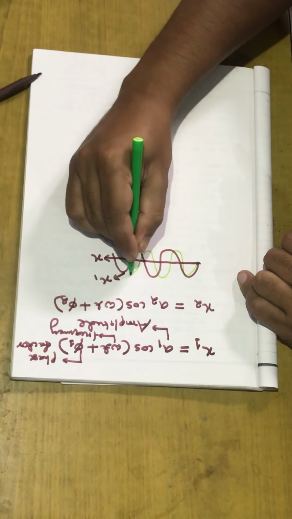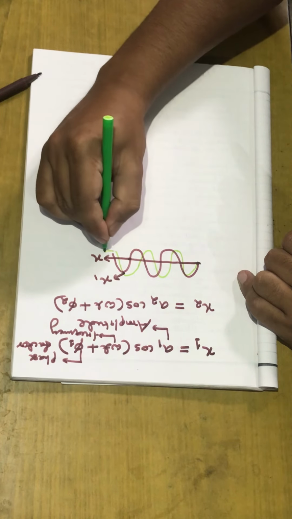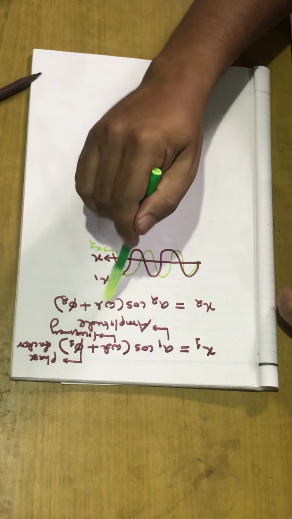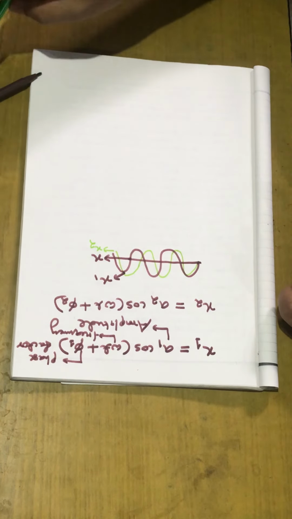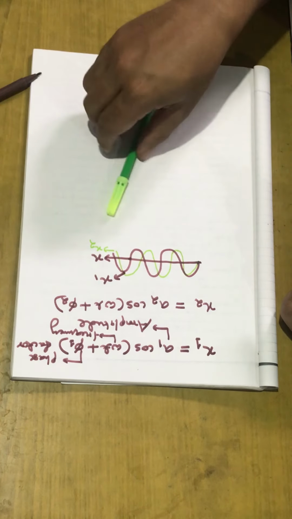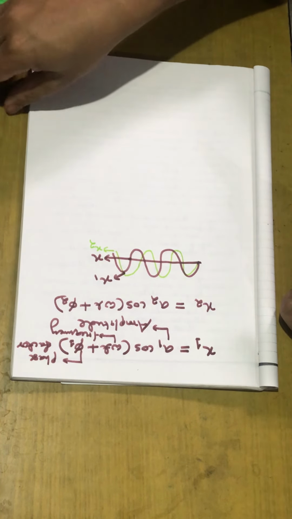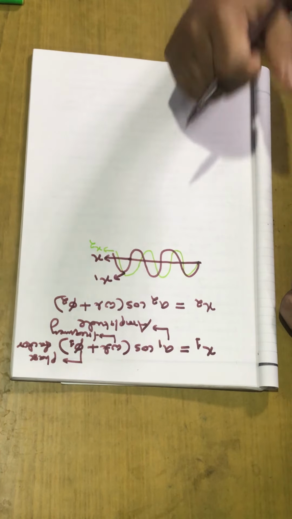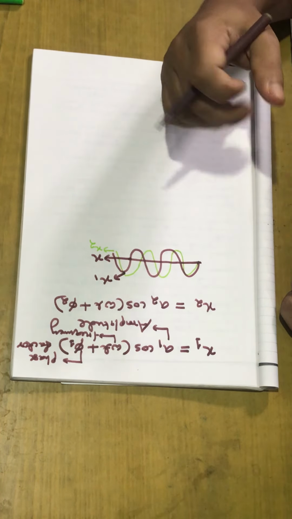Their frequency is the same because omega is the same in both cases, and we are going to find out, if these two simple harmonic oscillations superimpose, what the resultant amplitude is and what the frequency of the resultant will be.